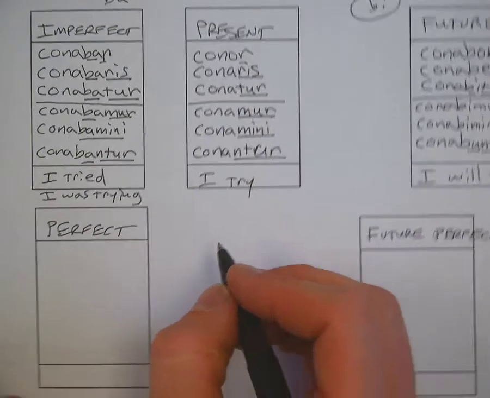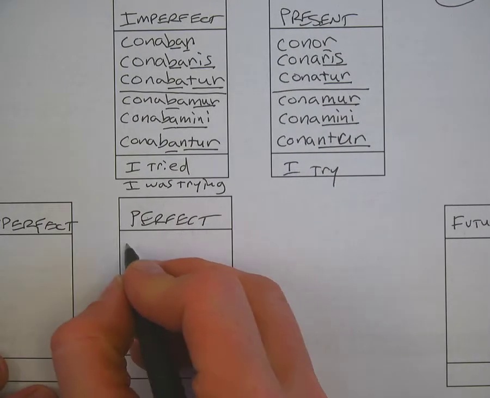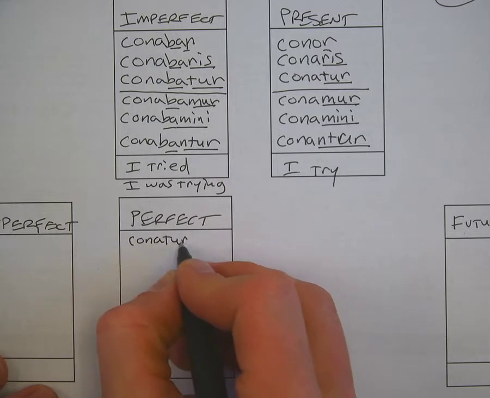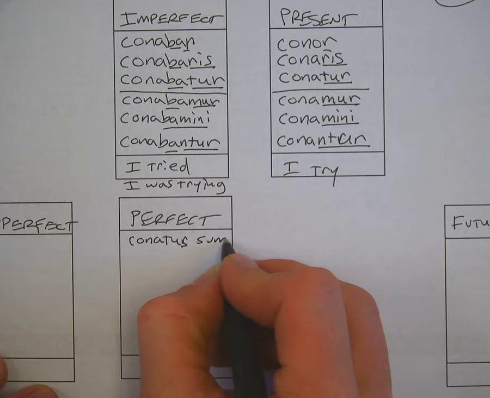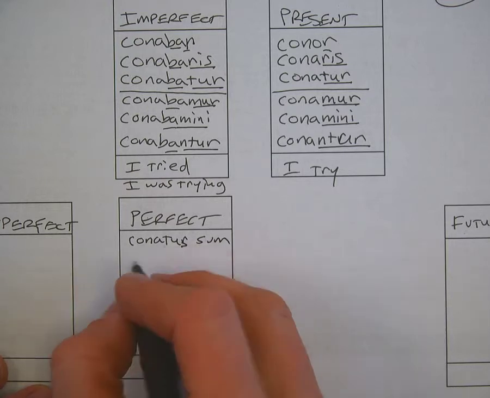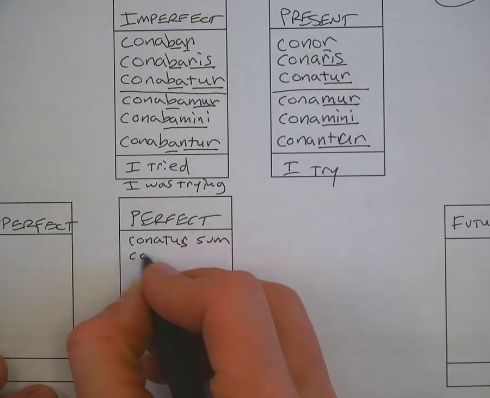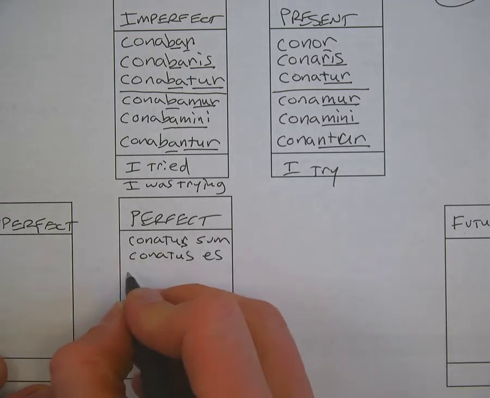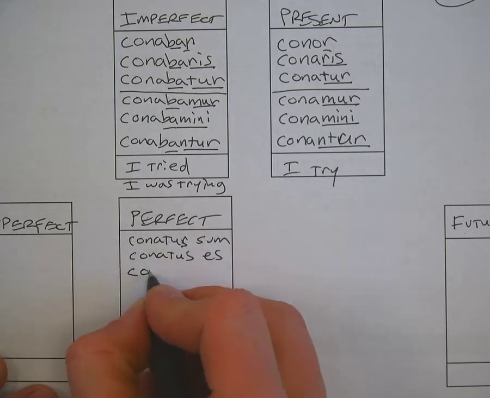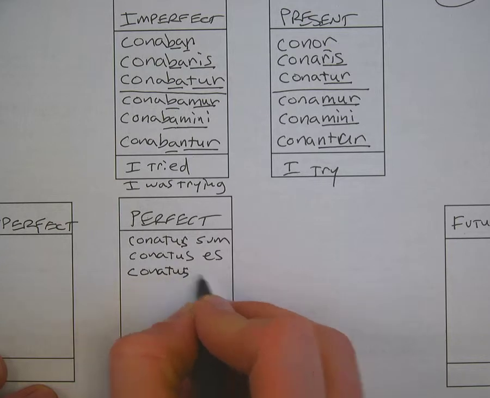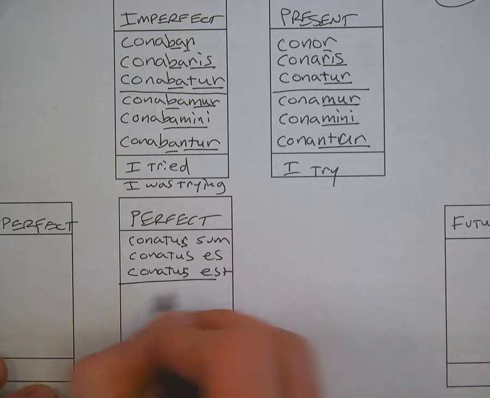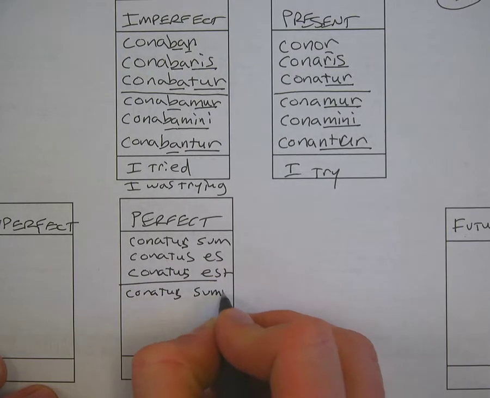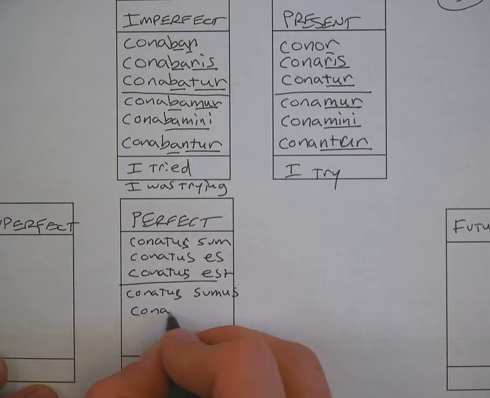And so what we're going to do is we're going to do conatus sum. That's if it's a guy, remember. Conatus sum, two words. If it was a girl, it'd be conata. And then for you, it's conatus es, just using the forms of sum, esse. Conatus est. Conatus sumus.